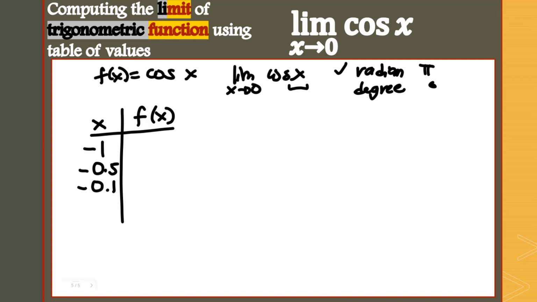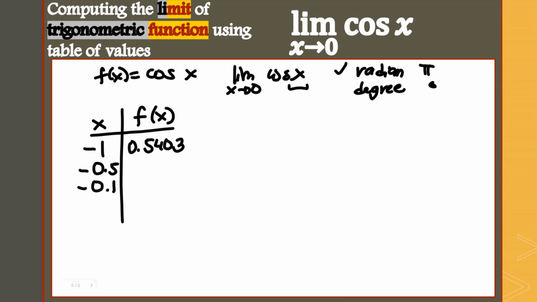Now, as you include -1 as your angle for cosine, please use calculators if you would like to. Plugging that in, you will have an approximated value in 4 decimal places, 0.5403, approximately. You will have this value, but in this sense, we cannot get the exact value of the limit.